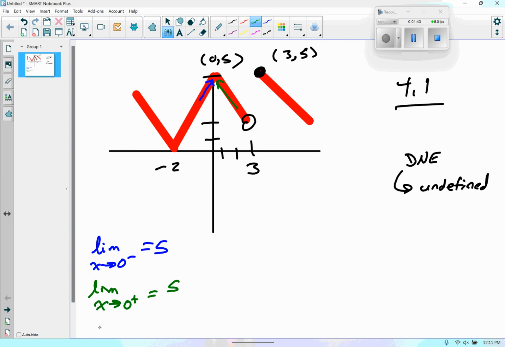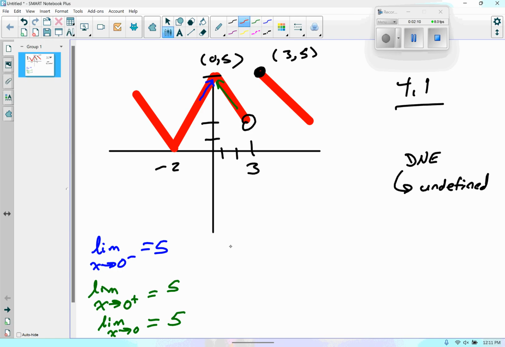That means because both of those arrows, whether I came from the left or to the right, if your limit does not have a directional, it means it's got to come from both sides. Being they both went to the exact same number, that means it's 5. If they wind up at two different numbers or two different locations, depending upon which side you went on, it would not exist, which I just said could be the term undefined, but it's not really.